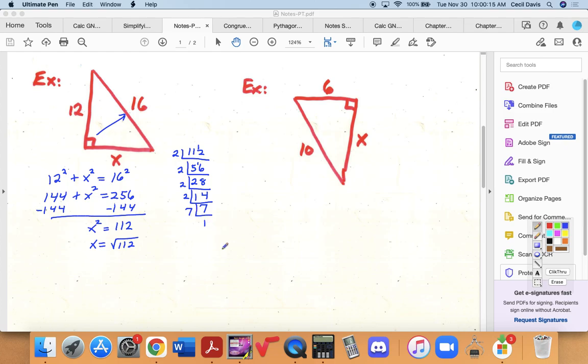And 7 goes into 7 once. So we've got now x is the square root of 2 times the square root of 2. I'll group those two together. And then another square root of 2 times the square root of 2. I'll group those two together. And a square root of 7 still left. So that's 2 times 2 times the square root of 7, which is 4 square roots of 7.